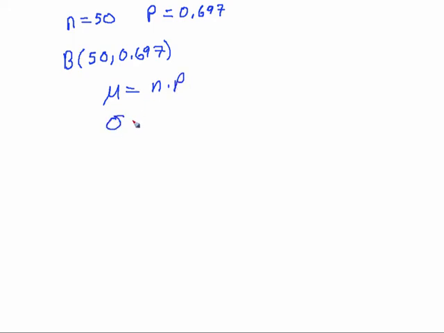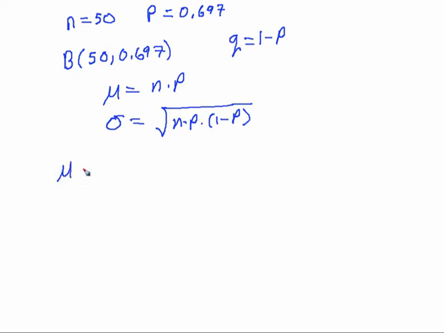And the standard deviation of a binomial random variable is given by the square root of n times p times 1 minus p. Many books, ours included, will refer to q as equal to 1 minus p. So keep that in mind. If you see n times p times q, that's what was intended there. Okay, so we're going to go ahead and do these calculations.